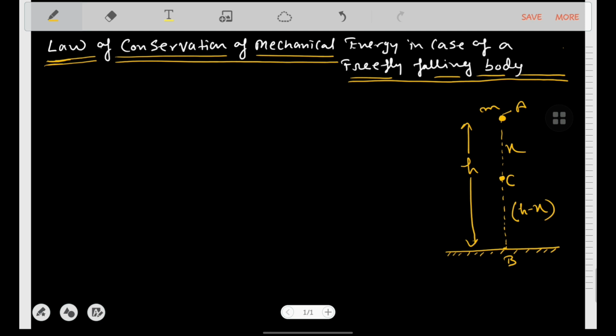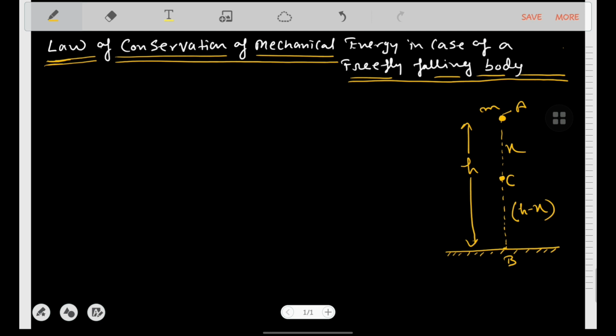It will not stay somewhere in between, because we know that change only comes when we apply an external unbalanced force to it. Since we have not applied one here, the point C between A and B is just considered, and we will check whether the amount of mechanical energy at this point will be the same or not.